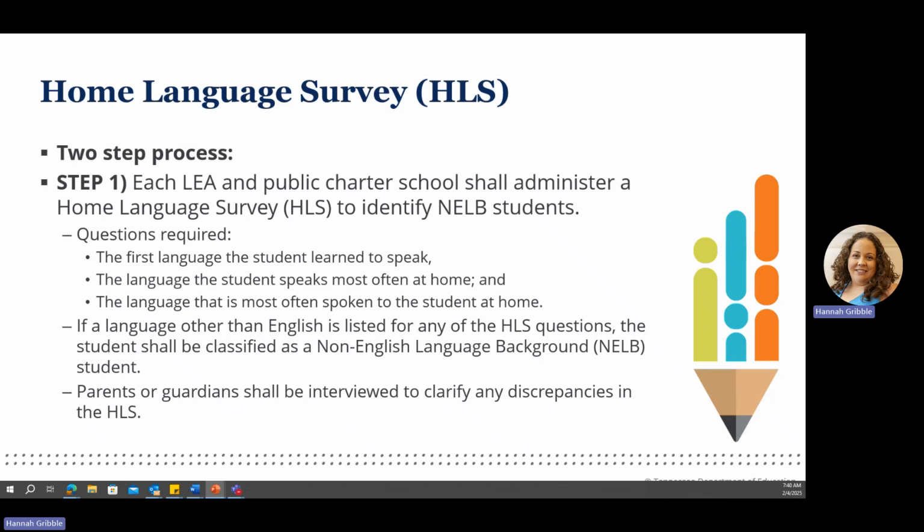Other discrepancies may be when a family is observed speaking a different language, but completes the home language survey with English only. LEAs need to develop a set of questions that shall be used to clarify discrepancies in the HLS.